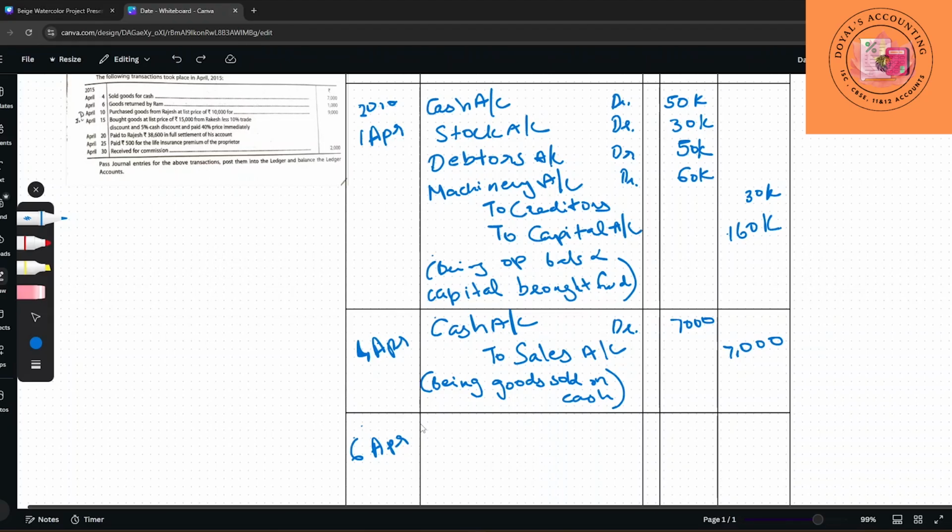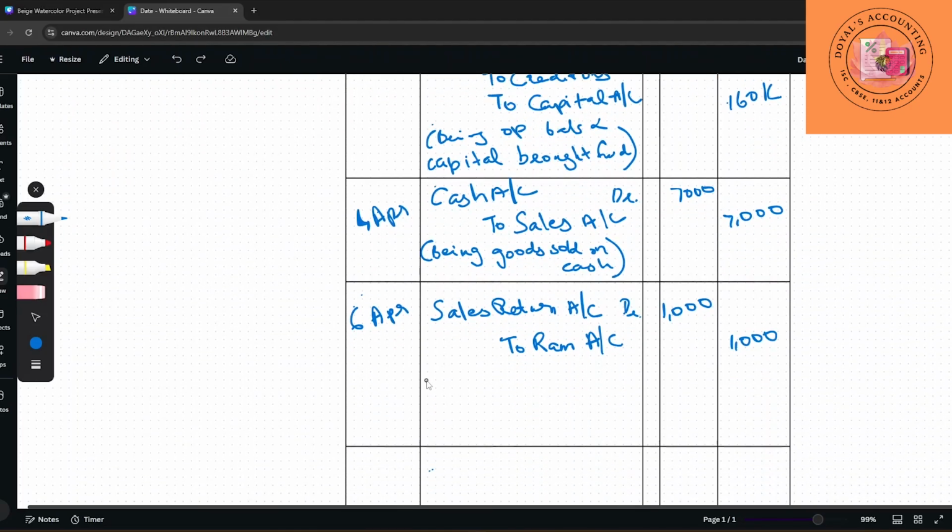So, the sales return account will be debited, and Ram account will be credited. So Ram's dues to us will be reduced by 1,000. And the narration will be being goods returned by Ram.